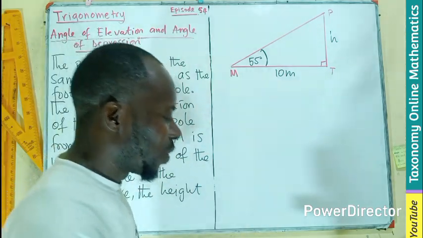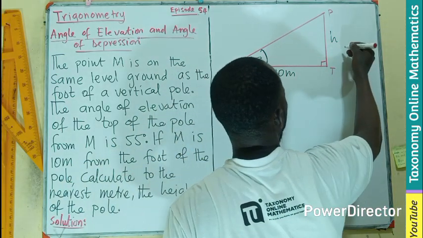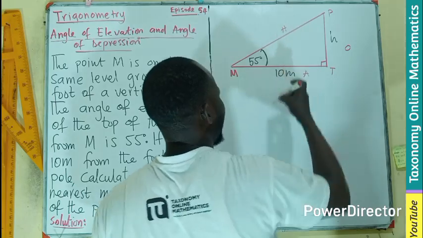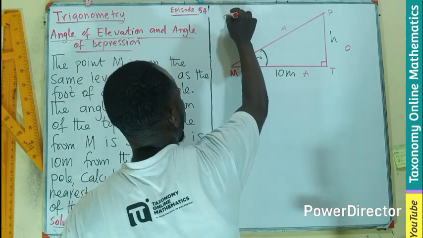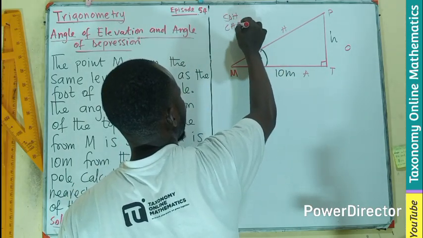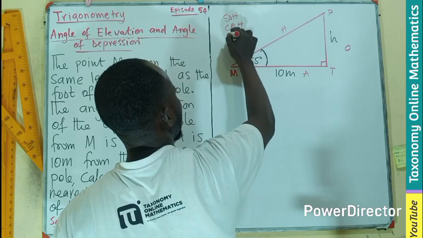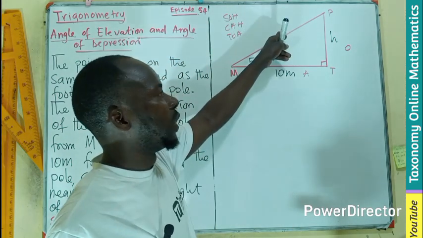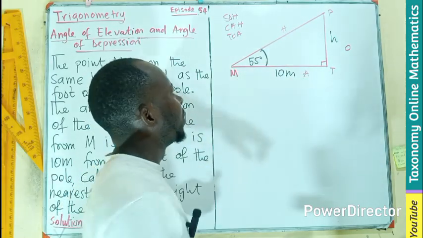We're looking for h, where h is the opposite side of the angle. This is the adjacent. This is the hypotenuse. So using our SOHCAHTOA, we are going to ignore the acronym that contains H because we don't need the hypotenuse in the calculation.